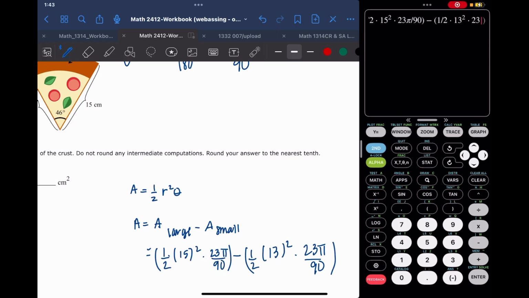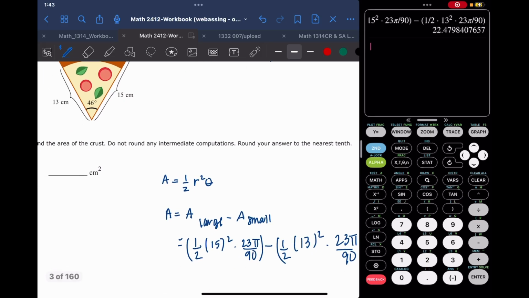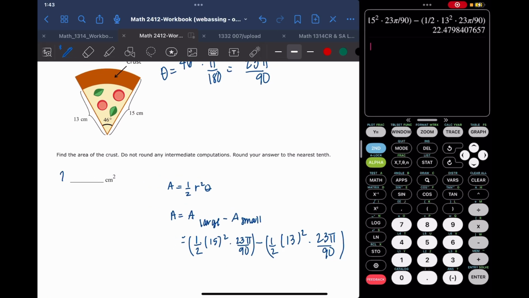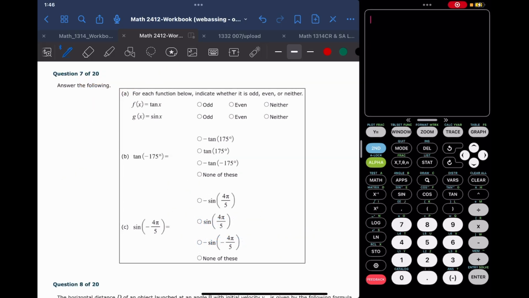I do recommend, though, a device while you're taking the test. So it says to round to the nearest tenth. Our answer here is going to be 22.5.